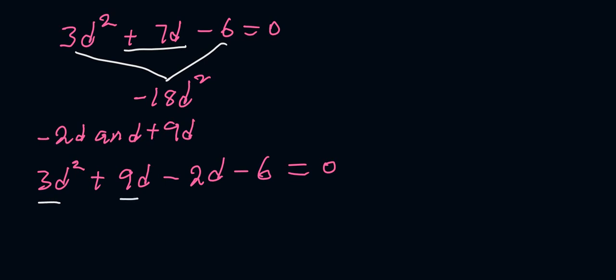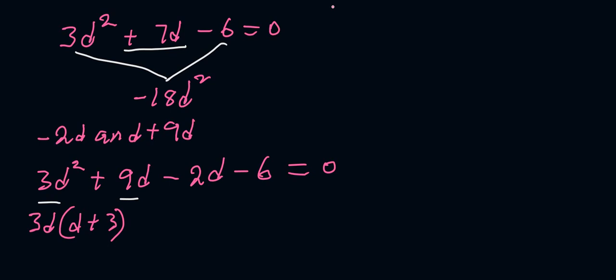So the GCF of 3d squared and 9d is 3d. So now you can write it here, 3d, and open a parenthesis. So 3d squared divided by 3d, that's going to give us just d. And 9d divided by 3d is going to give us just 3. Alright, so we have factored this.